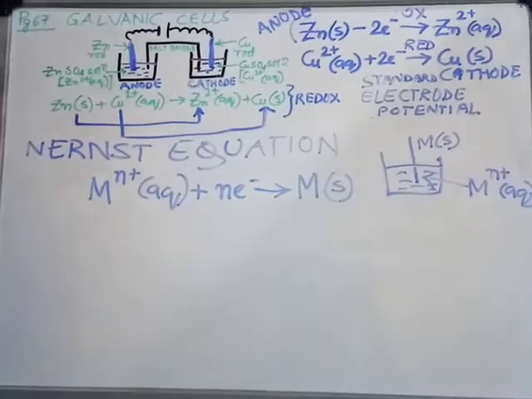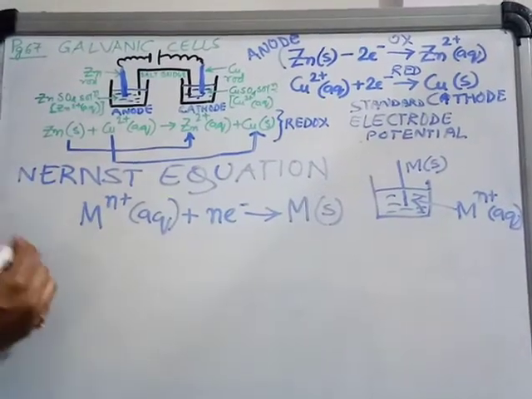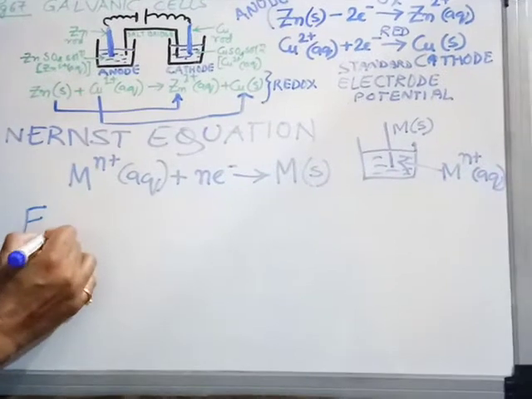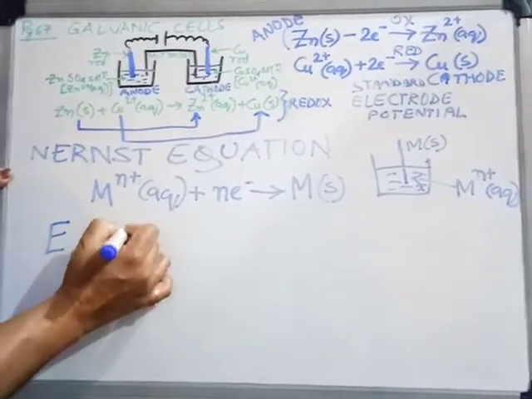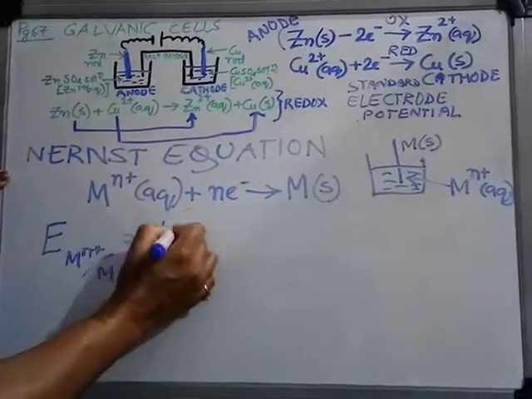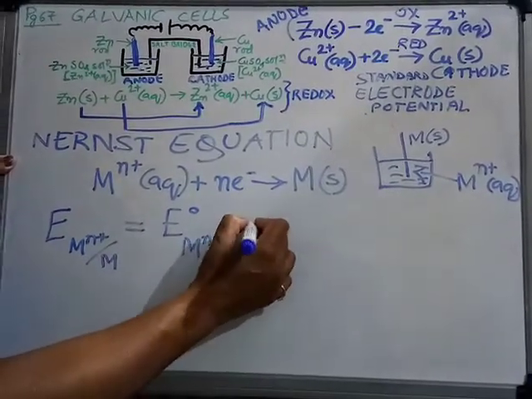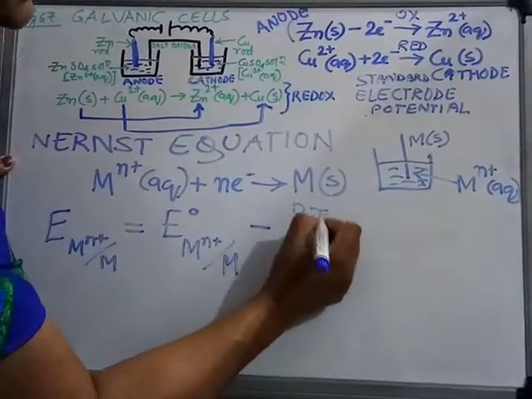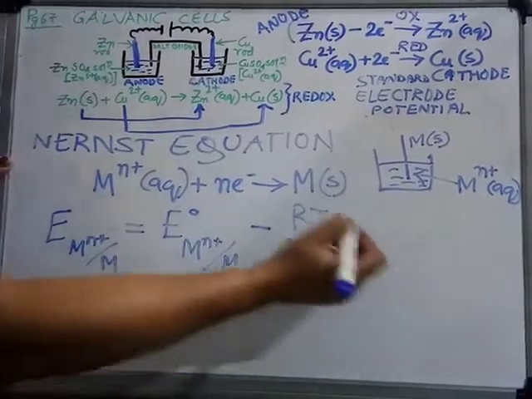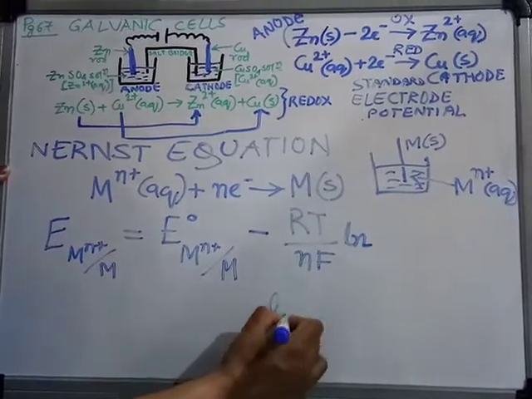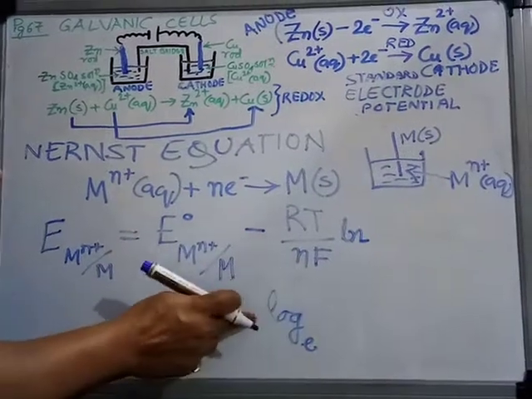So how to write down the Nernst equation in such a case? The Nernst equation is written in this way: E Mn+/M is equal to E0 Mn+/M minus RT by nF ln. Ln means natural logarithm. In maths you must have done, there is a log with base e and a log with base 10.